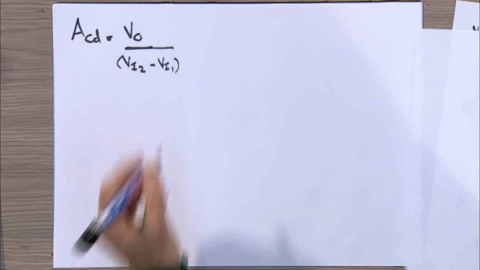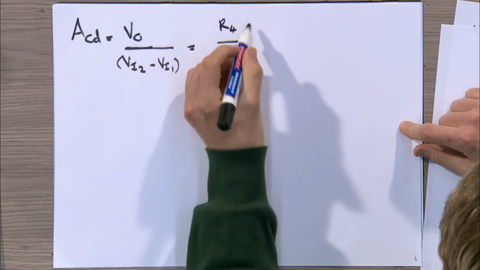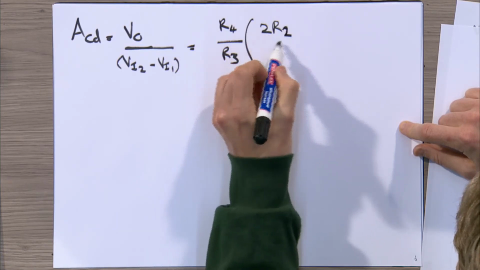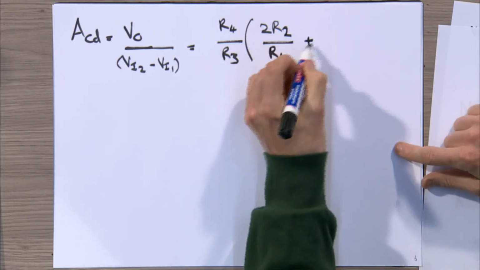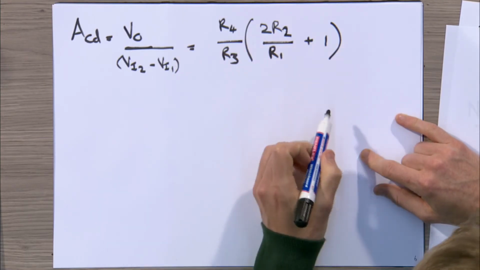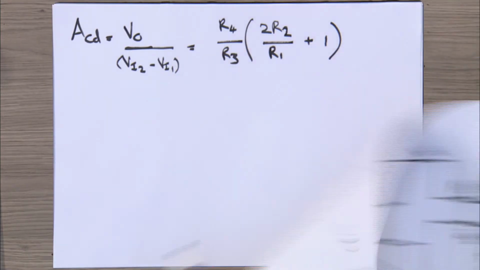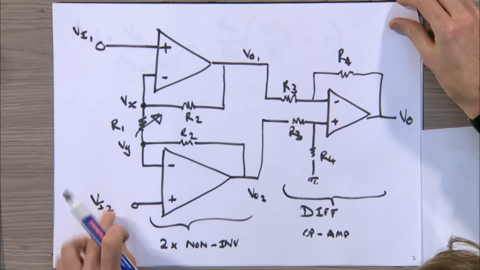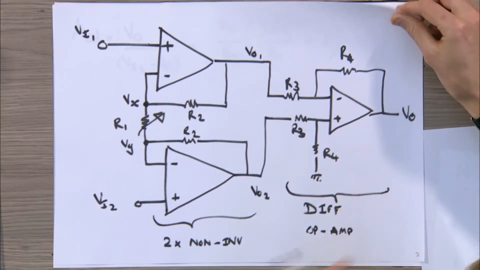So our gain is equal to R4 divided by R3, times (2 times R2 divided by R1 plus 1). This is the gain starting off with our two input voltages over here, up there and down here. That's the gain to our output voltage.